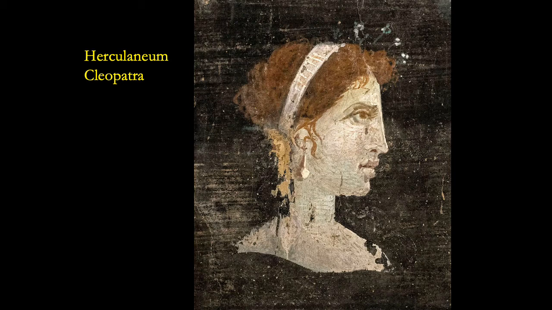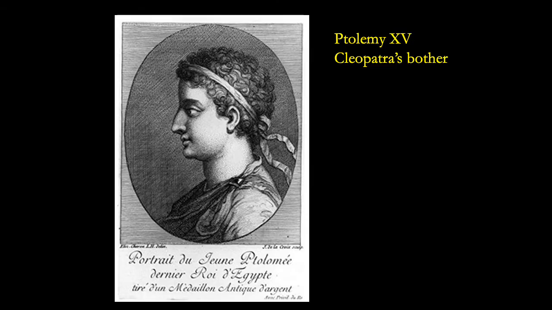And she gets into a civil war with her younger brother, this guy. And they have a battle over who's going to control Egypt. There was also the idea, as I've talked about before, that there were brother-sister marriages in Egypt, but Cleopatra was a Macedonian; she was a Greek. She wasn't going to do that.